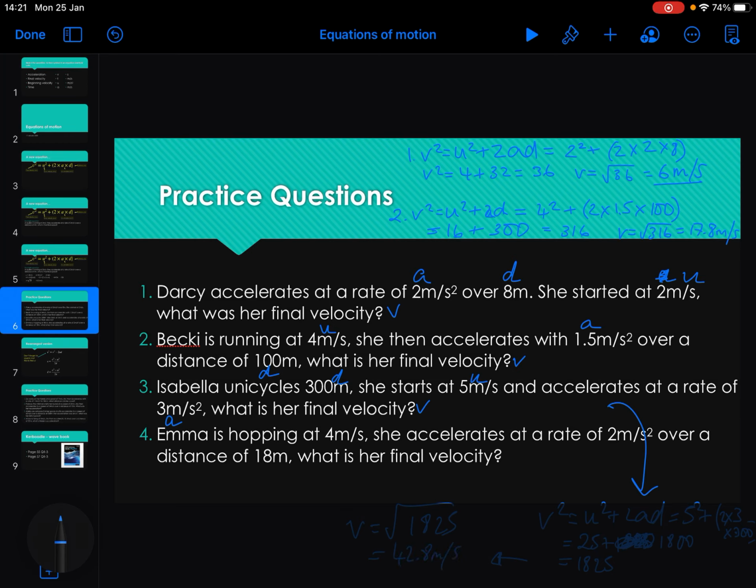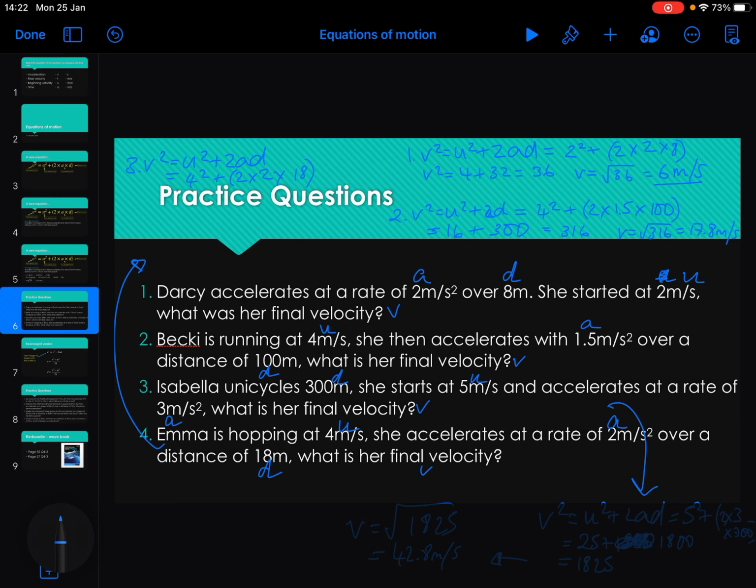Okay, and number 4, Emma is hopping at 4 meters per second, so that's U. She accelerates at a rate of 2 meters per second squared, so that's A, over a distance of 18 meters, that's D. What's her final velocity? Right, let's go up here for this one, shall we? So V squared equals U squared plus 2AD equals 4 squared plus, open brackets, 2 times acceleration, which was 2, times distance, which was 18.